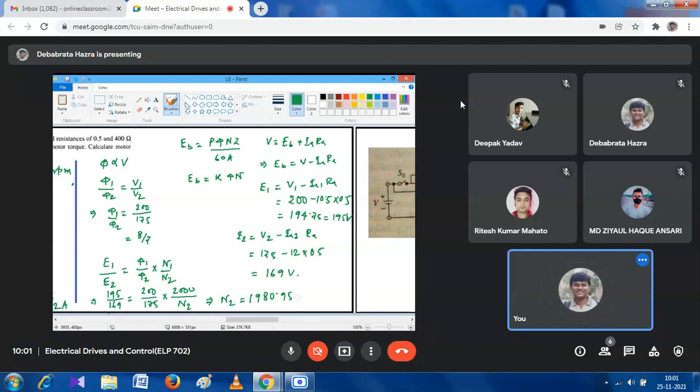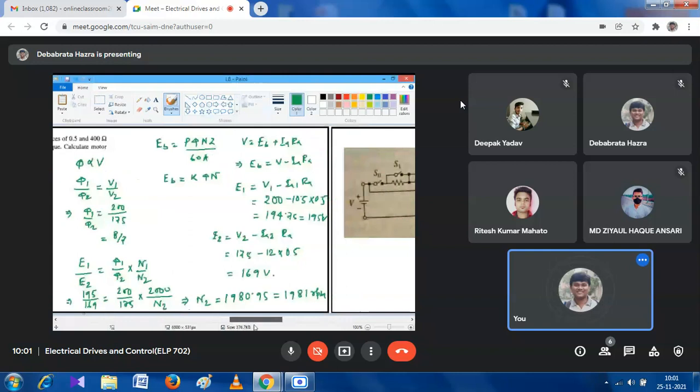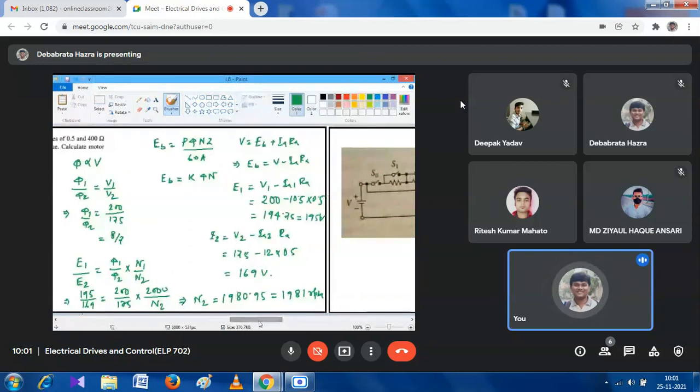Okay, Deepak? Yes, sir. Speed will decrease. If the source voltage decreases, then the speed also decreases. Deepak, have you understood?